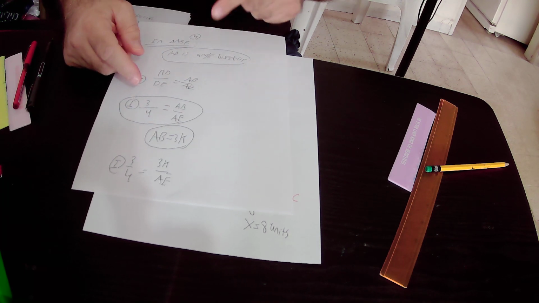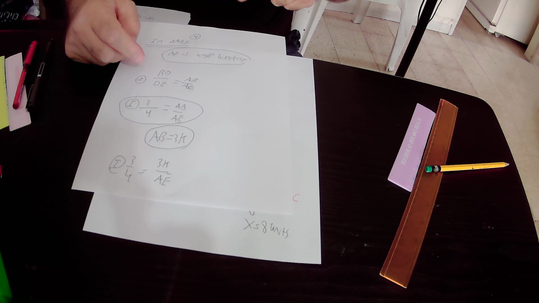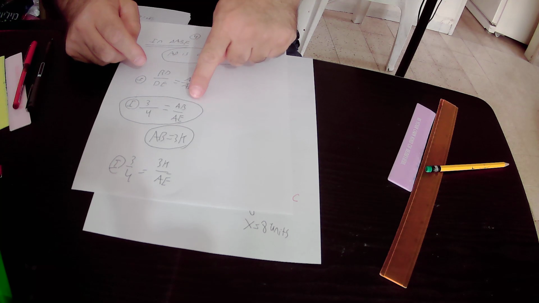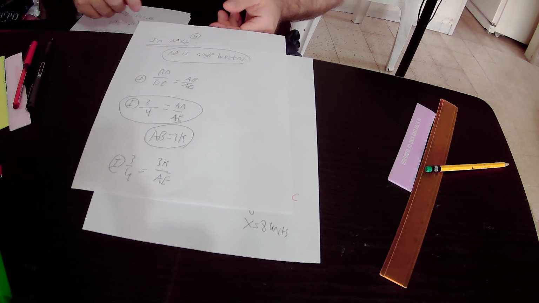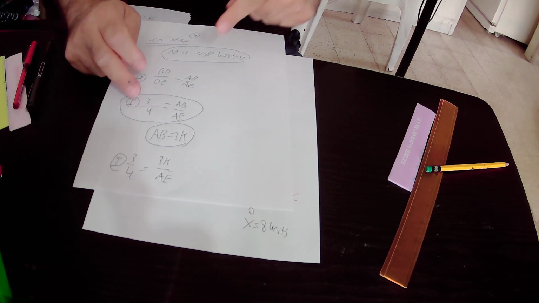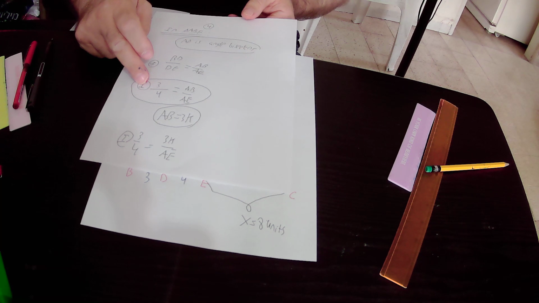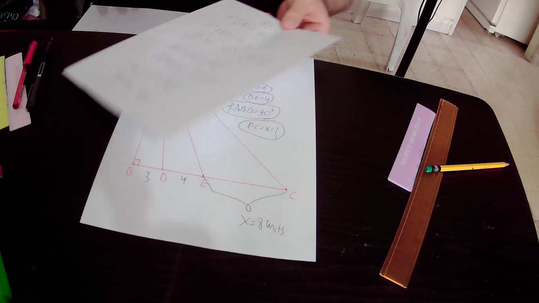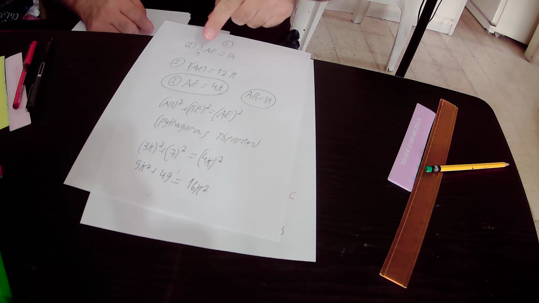We defined AB as 3K, so we substituted AB in this equality by 3K, and found that AE must be equal to 4K. So AB equals 3K and AE equals 4K.